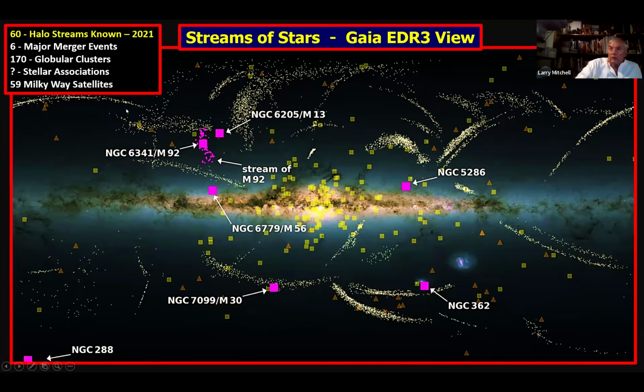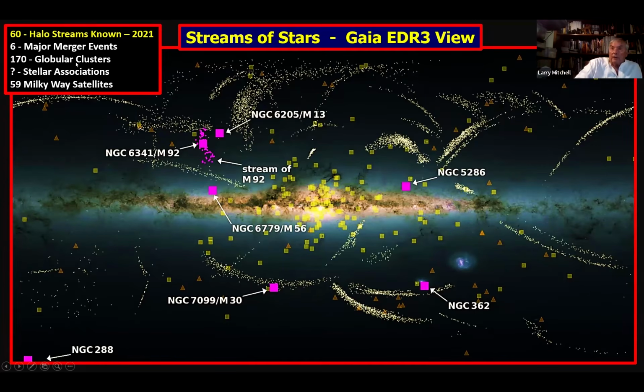As of 2021, there were 60 of them that are known. As these star clusters move through the Milky Way, they leave stars behind, and those stars that are left behind form the stream. There have been 6 major merger events that we know of in our Milky Way galaxy, going back to about 13 billion years.